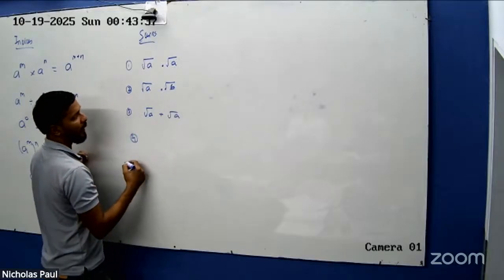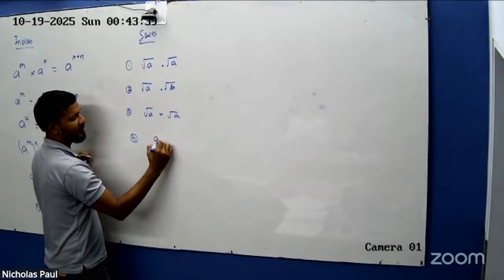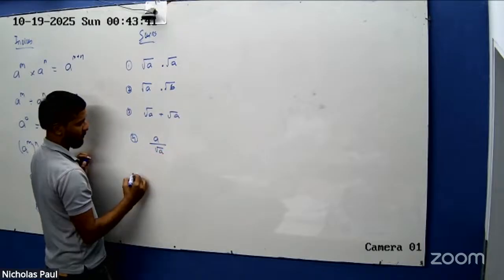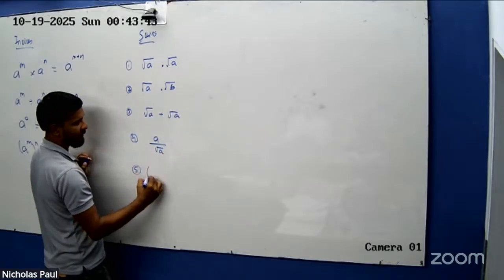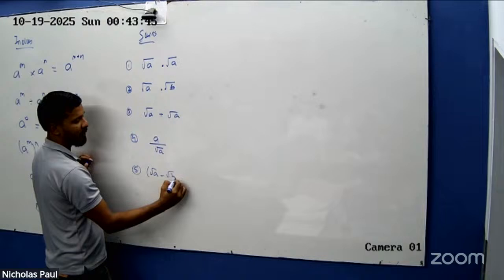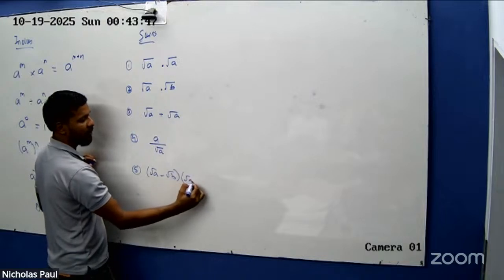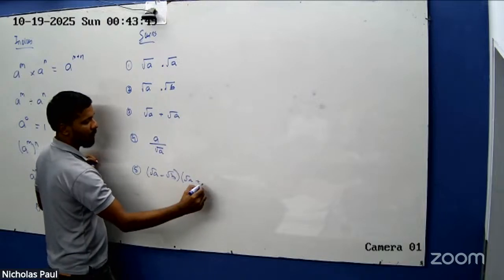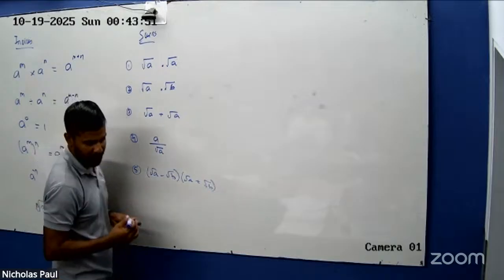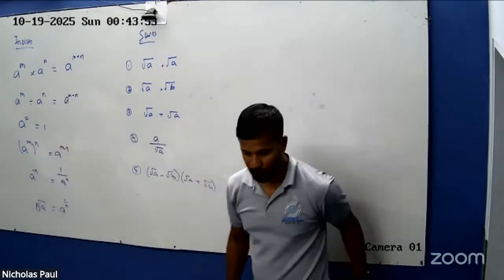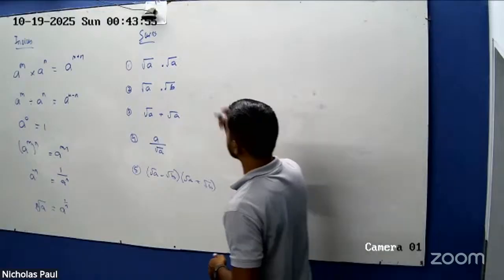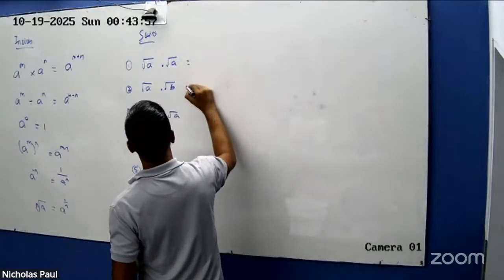What is A over root A? What is root A minus root B by root A plus root B? Write them down fast.